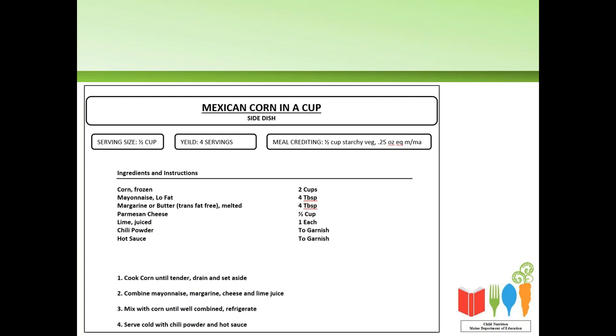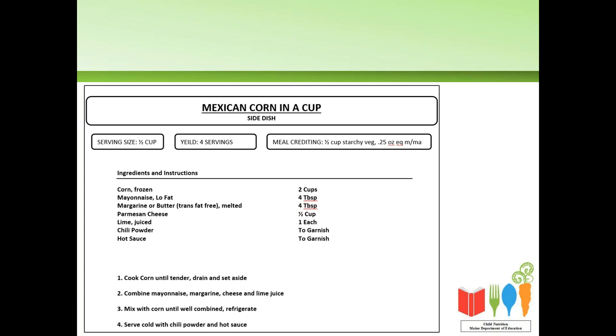So now here we have our standardized style recipe. We have our serving size, which would be a half a cup. This recipe will yield 4 servings. We then have our meal crediting, which is a half a cup of starchy veg and that 0.25 ounce equivalent meat alternate.